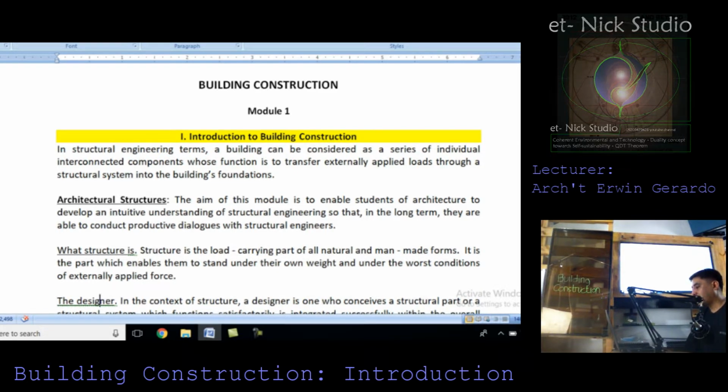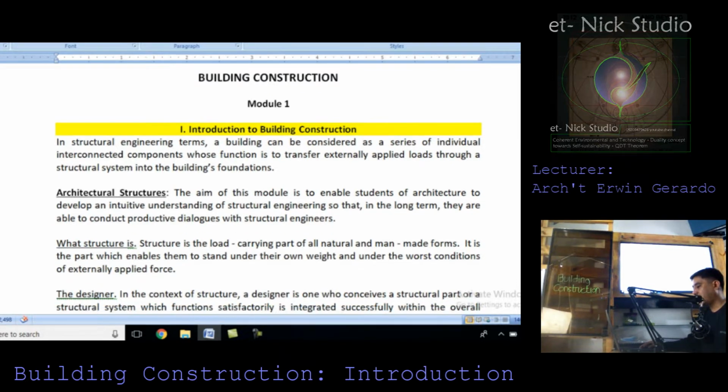So what is structure? Structure is the load carrying part of all natural and man-made forms. It is the part which enables them to stand under their own weight and under the worst conditions of externally applied force.